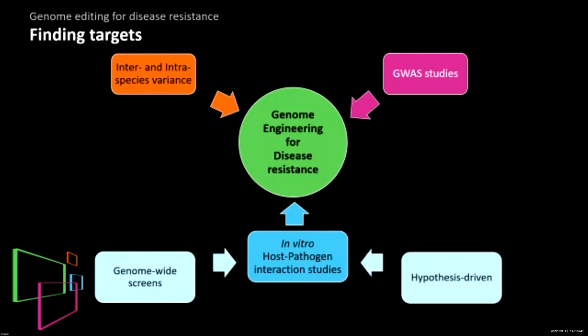But by far the most interesting part for me is the in vitro host pathogen studies, and I'll explain to you why. And again, here we have two different avenues. We can go for genome-wide screens, usually a long shot, or hypothesis-driven approaches.